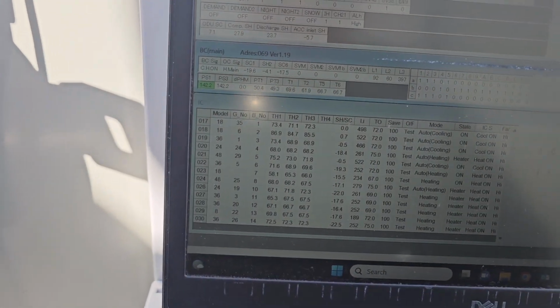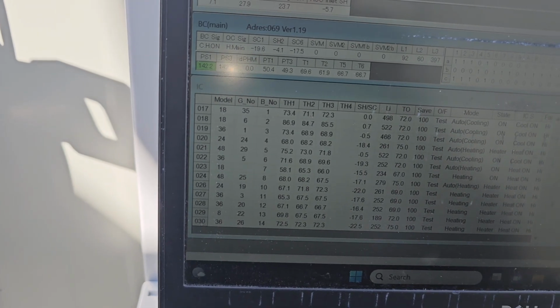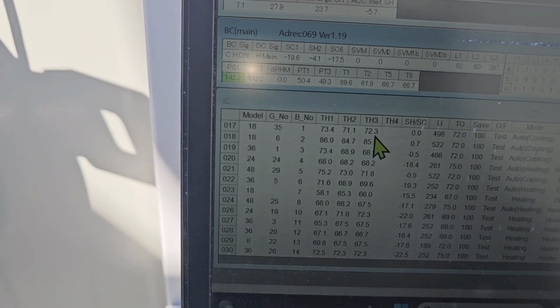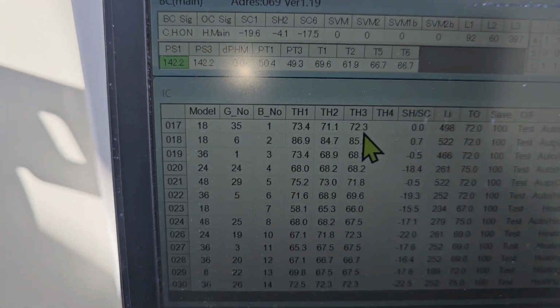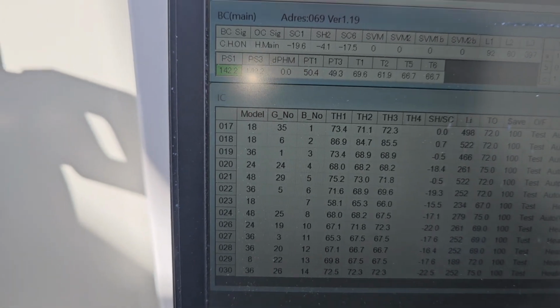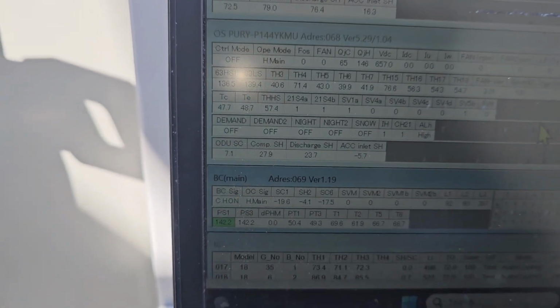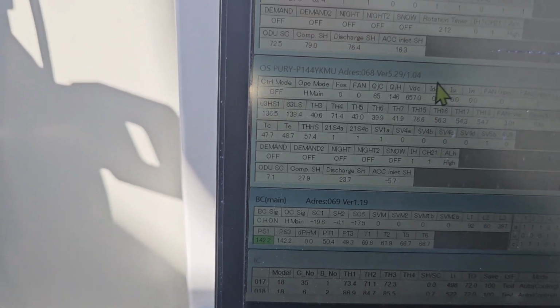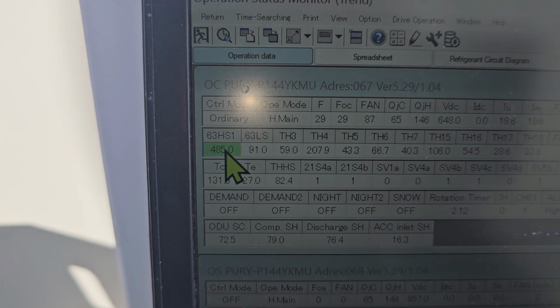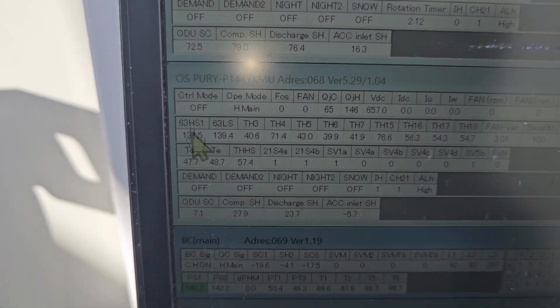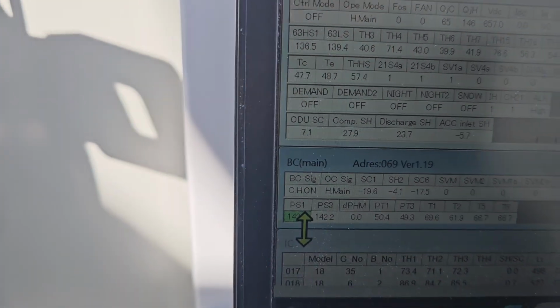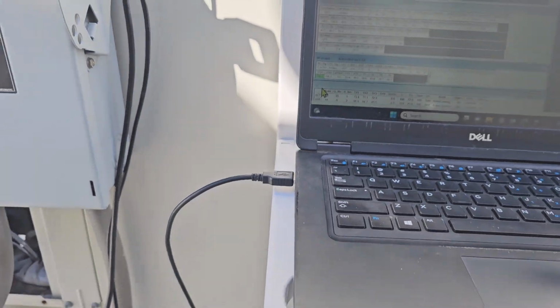So don't get so wrapped up in thermistors. You got to think, well, is there anything that would cause that, like refrigerant, or is that maybe just the same temp as the room because it's literally doing nothing? And that's the case here. So the biggest giveaway is we have 450 PSI at the outdoor unit and 142 PSI at the branch controller.